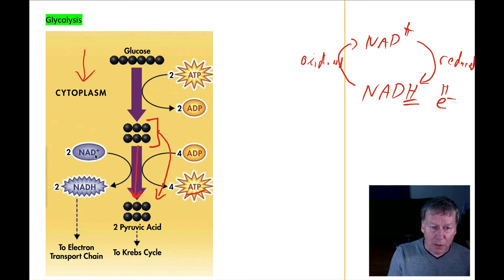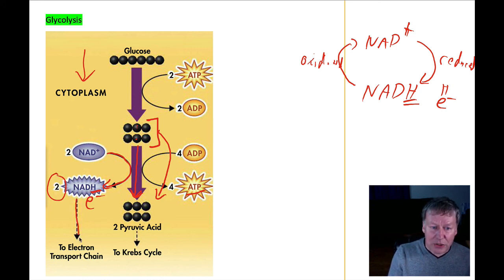Where are they going? Well, the NAD plus is grabbing them. The H is being added, also electrons are being added to that. So NAD plus is reduced, becoming NADH. It grabbed the electrons and hydrogens that were released in this chemical reaction. There were 2 molecules here, both of them reduced NAD plus to NADH, and that's why we have 2 here.